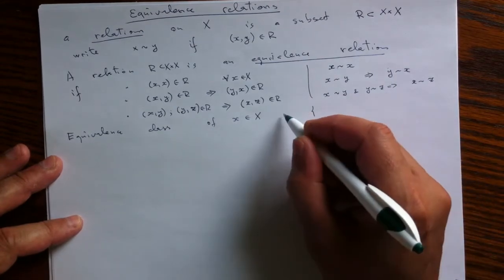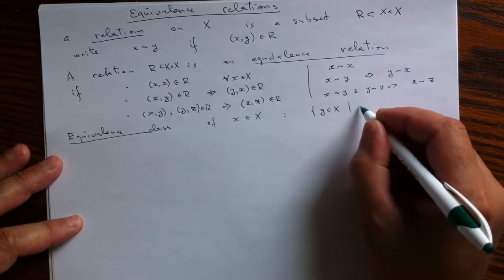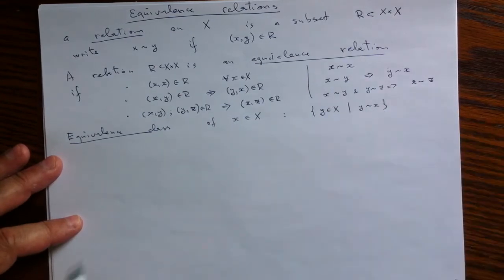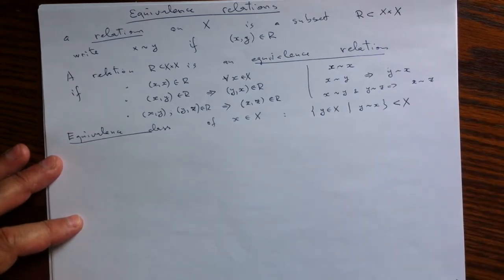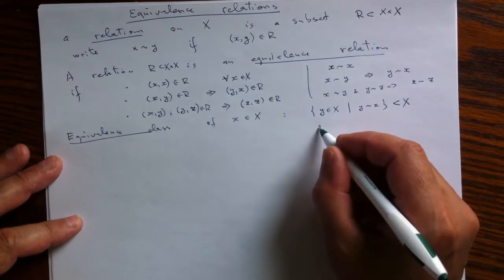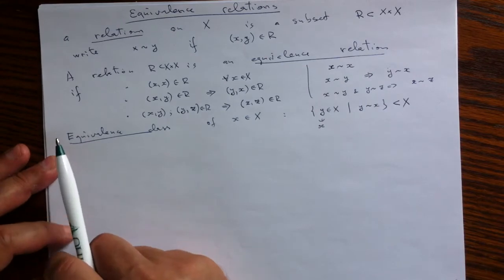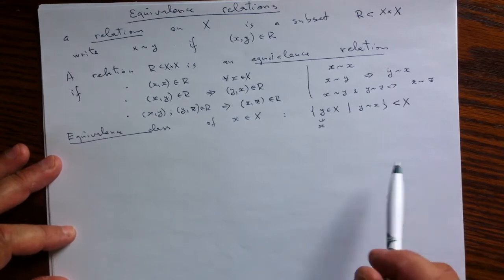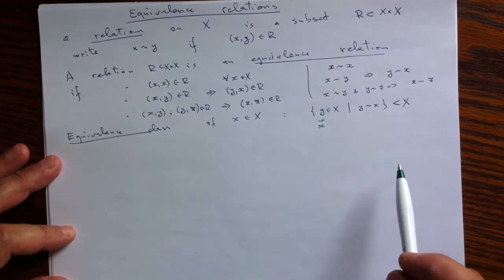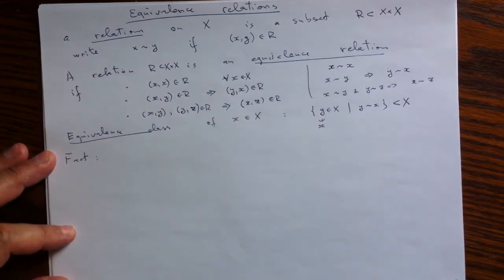It is what it is, saying we look at all elements which are equivalent to little x, and that is a subset of X, of course, and it is an important part that it is a non-empty subset because x itself belongs to it by the first property. And so any element of our set is in one of the equivalence classes, namely in the equivalence class of itself. But what is more is that equivalence classes either coincide or do not intersect.